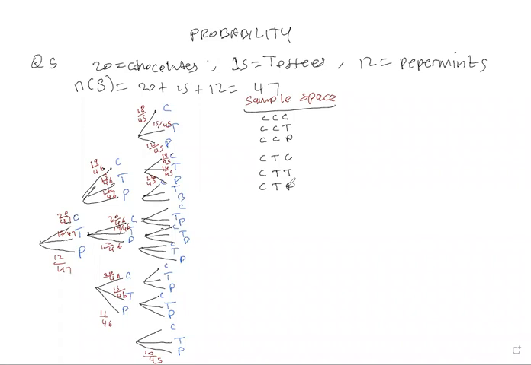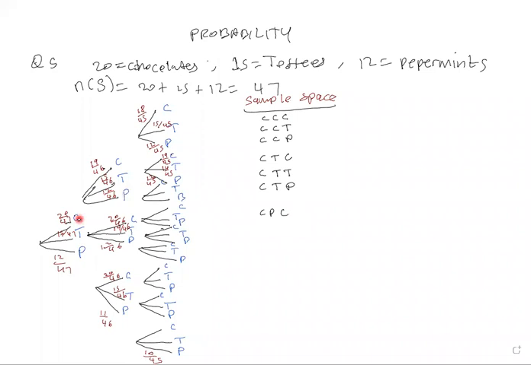Then we go to the other branch. For this branch, we have CP, CPC. Okay. So we get CPC. Wonderful.